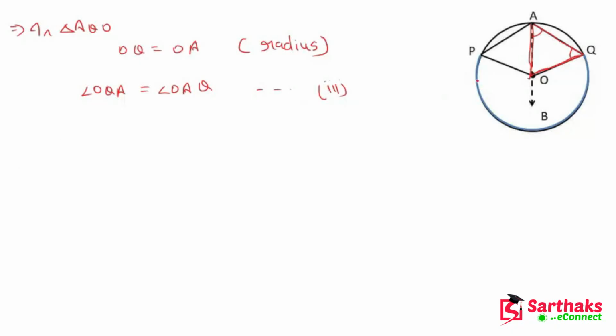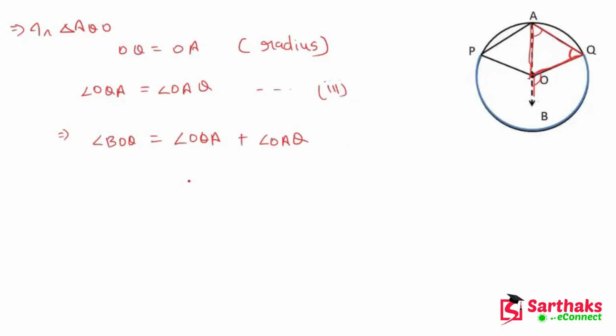Now again we know that angle QOB, meaning this angle, is the exterior angle. So we can say that angle BOQ is equal to angle OQA, meaning this angle, plus angle OAQ. We know that the exterior angle is the sum of the interior opposite angles.